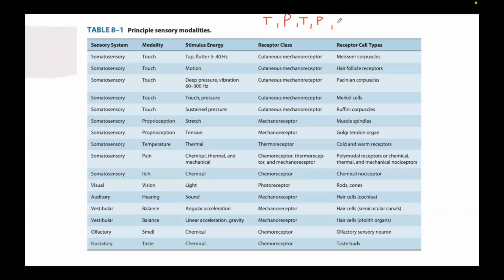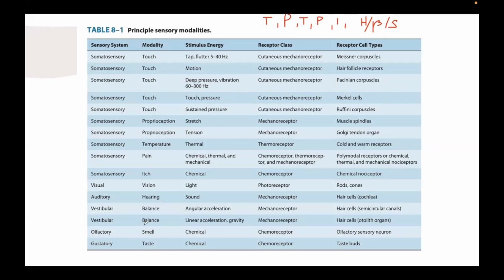There's also itch, which we will discuss in the next module. There's also hearing and balance, as well as smell, which are discussed in a separate module for the special senses. So these are the different principal sensory modalities: temperature and touch, pain and proprioception, itch, and special senses such as hearing, balance, smell, and don't forget taste.